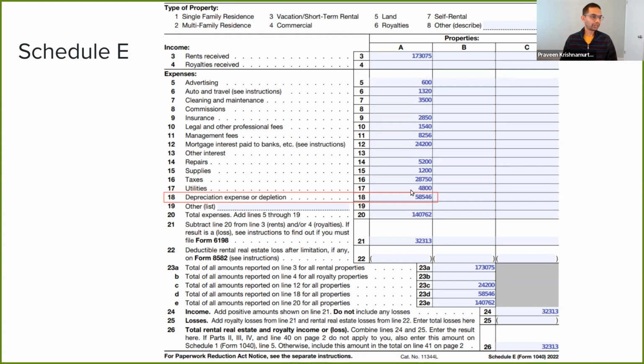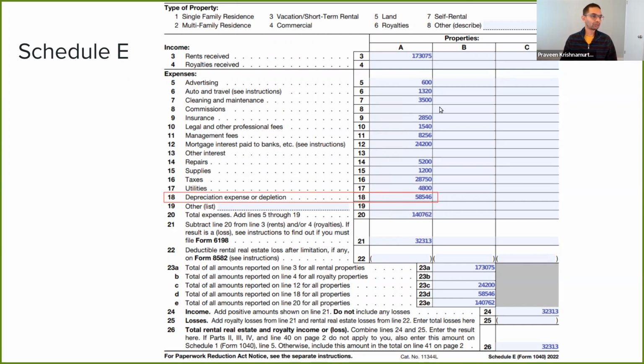The first thing to note is that all these expenses reduce your taxable income. So out of 173, if you take off 140, your taxable income is only 32,000, right? That sounds great. But you say, I've lost so much in expenses. Hang on a minute.